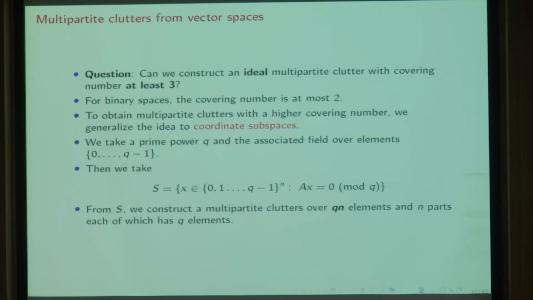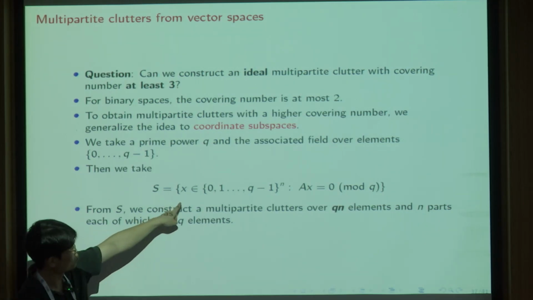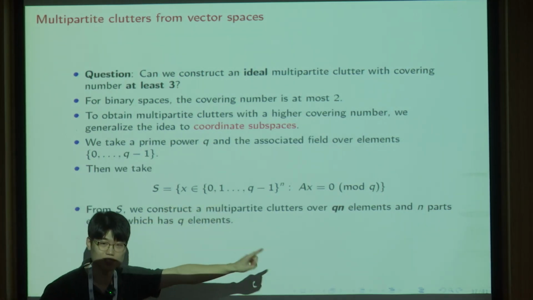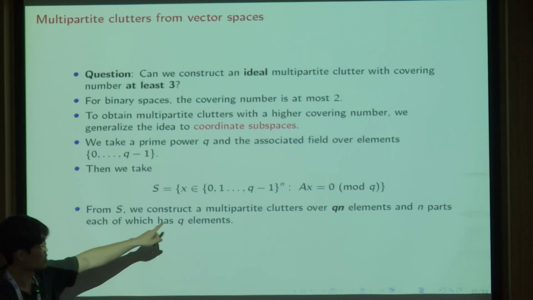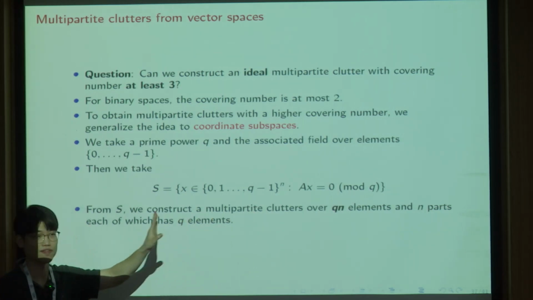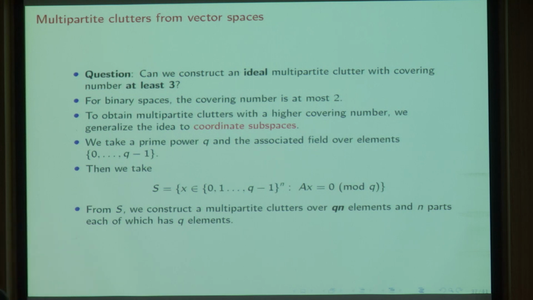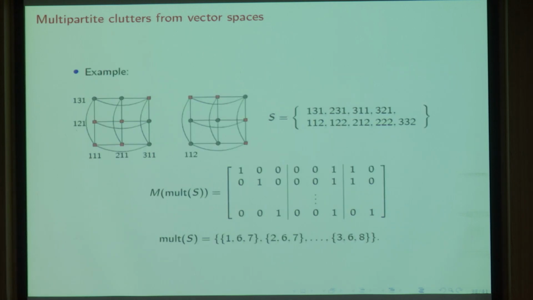If you construct the corresponding multipartite clutters, basically one coordinate has Q elements. So we have n dimensions, so we have Q times n elements in total. An example is the following.